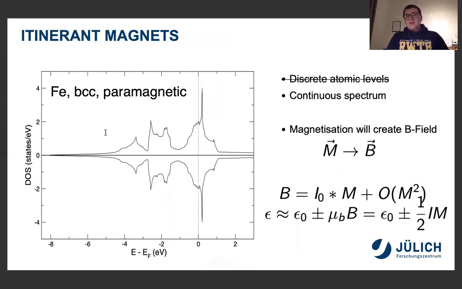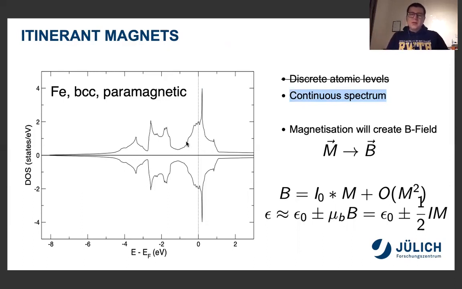If we're now taking a look at the density of states, we don't have discrete atomic levels like in the 1D box system before. We have a continuous spectrum, so a continuous graph of the density of states.